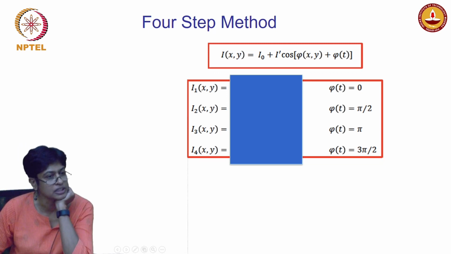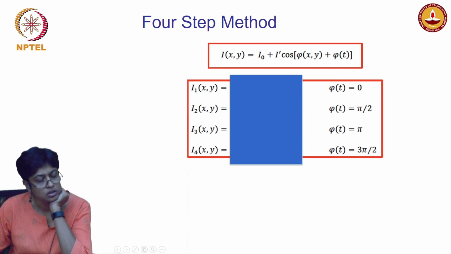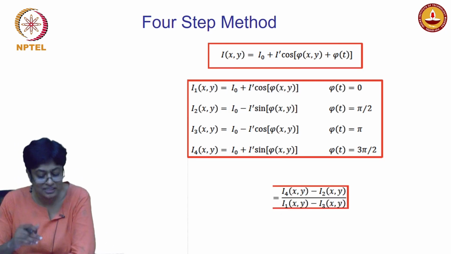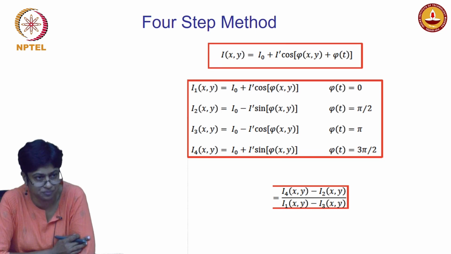How will this expression change? What is cos of some angle plus pi by 2? Okay, what is it by plus pi? Minus, what is it by 3 pi by 2? All I am doing is changing my expressions like this. Okay.